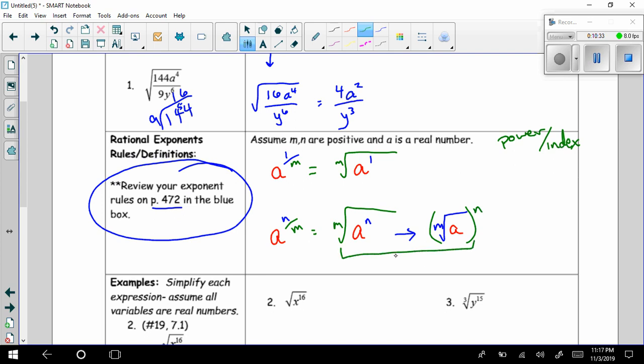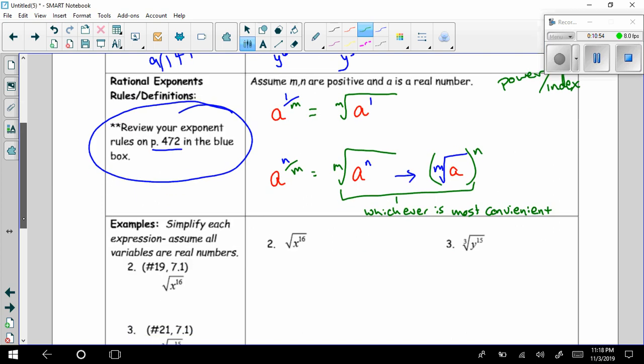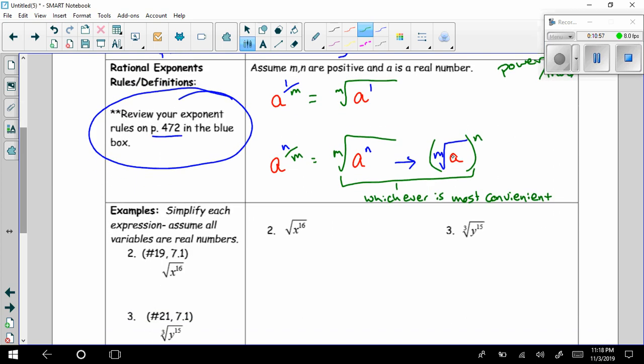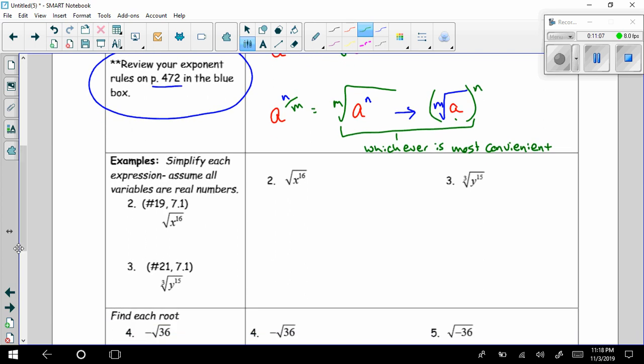You're going to use whichever is most convenient for solving your particular problem. And what I mean by that is you can either take the root first and then raise it to a power, or raise it to a power and then take its root. So sometimes it just depends on which way is easier.